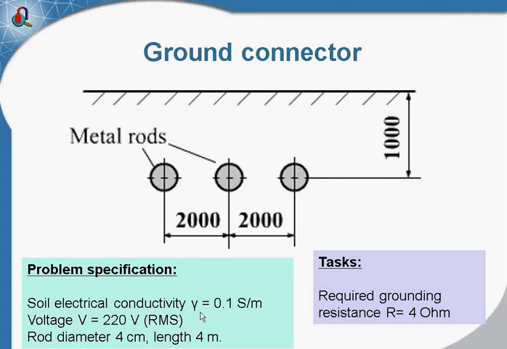The soil electric conductivity is 0.1 Siemens per meter. Our task is to calculate the resistance of this ground connector and compare the value with the required resistance value of 4 ohms. Again, this is a very simple geometry model, so I will start QuickField and simulate it from the beginning.